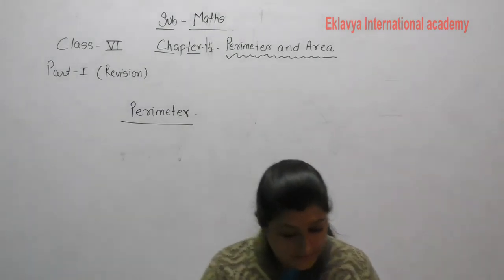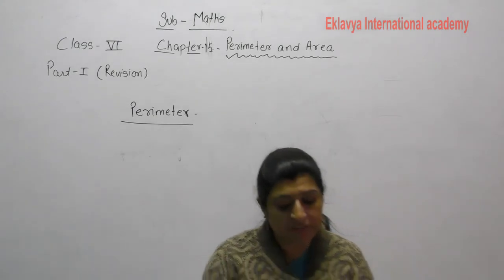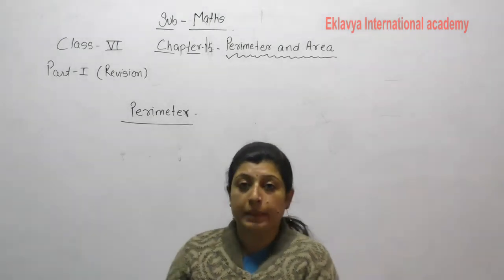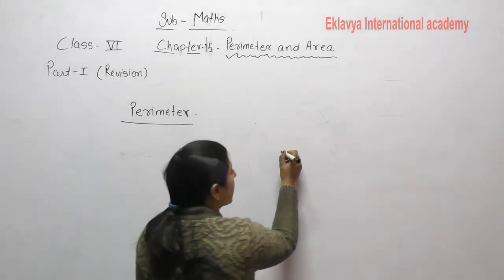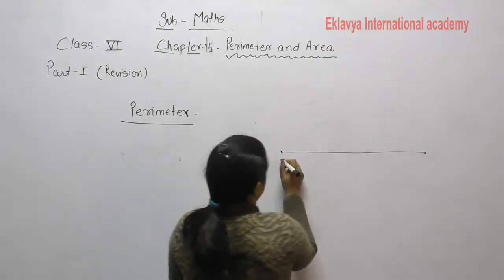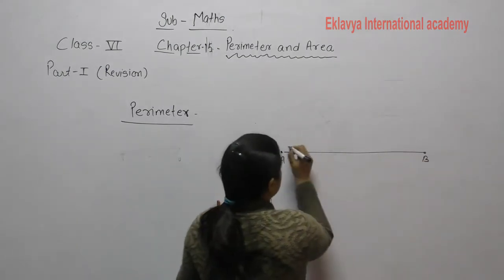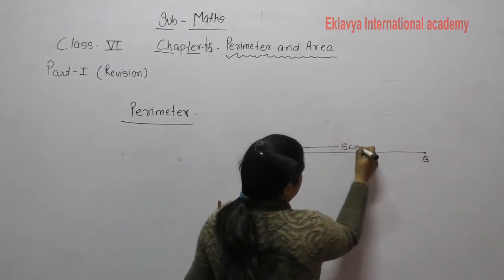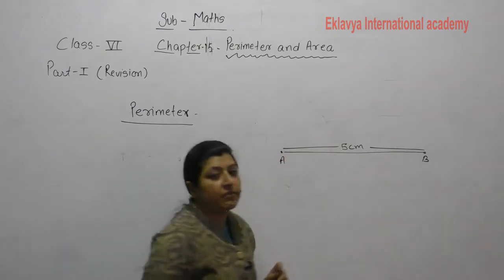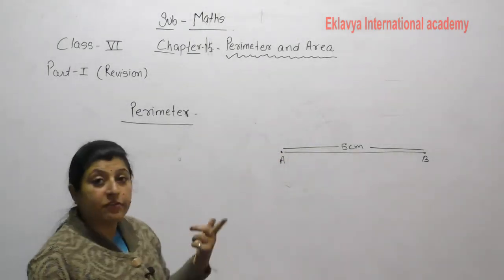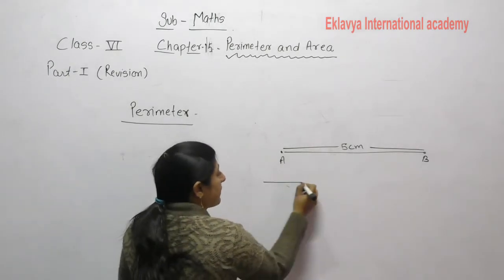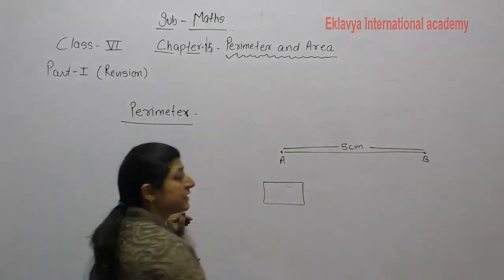Now see some examples from the book. In this, it is given that shapes of different kinds may have the same perimeter. Suppose you have a wire of 5 centimeter. From this 5 centimeter wire, I can make a rectangle like this.